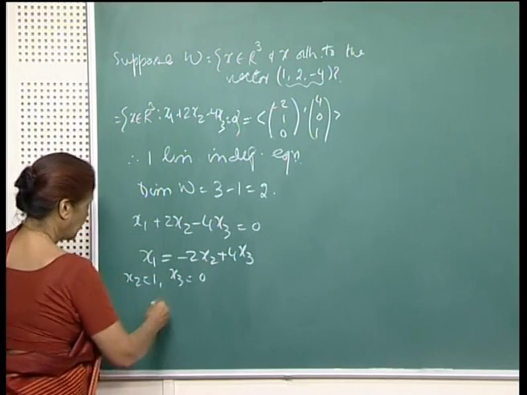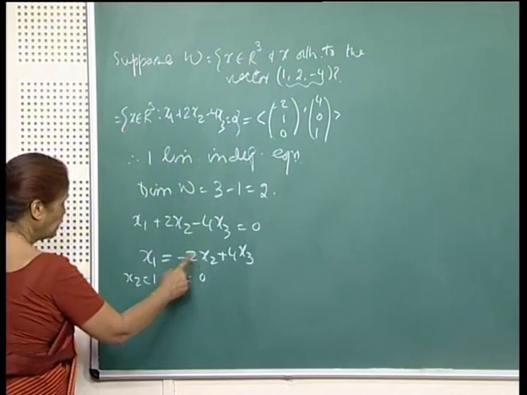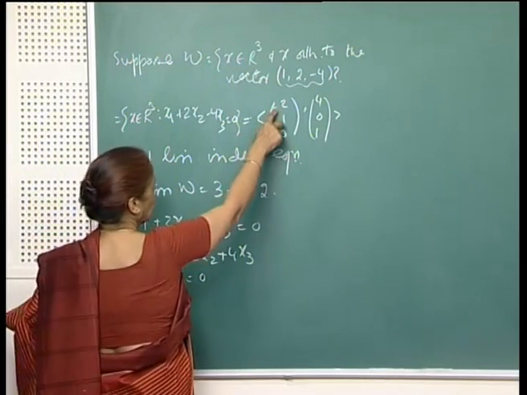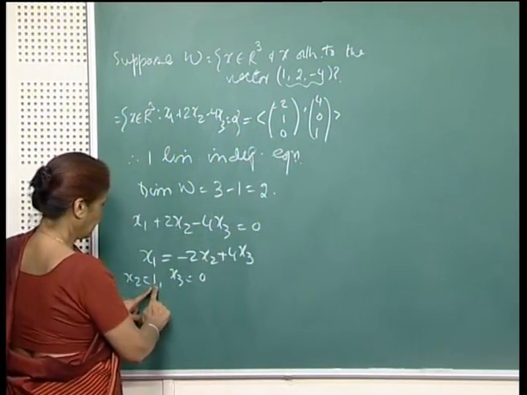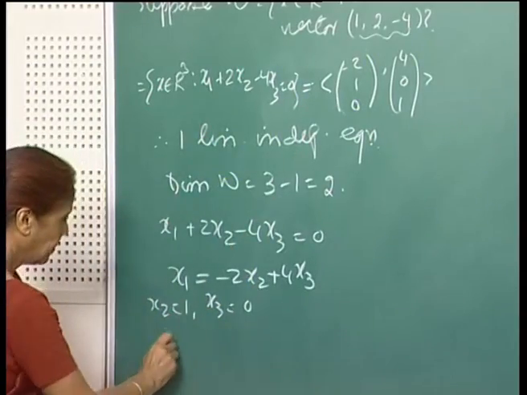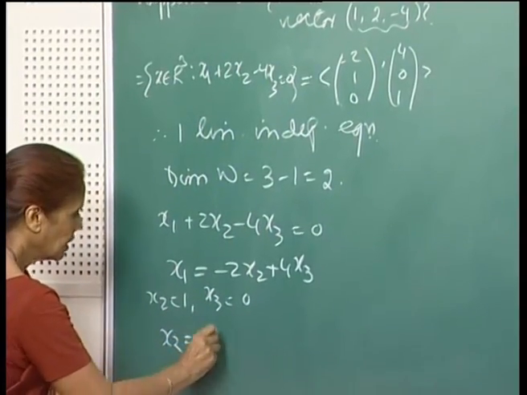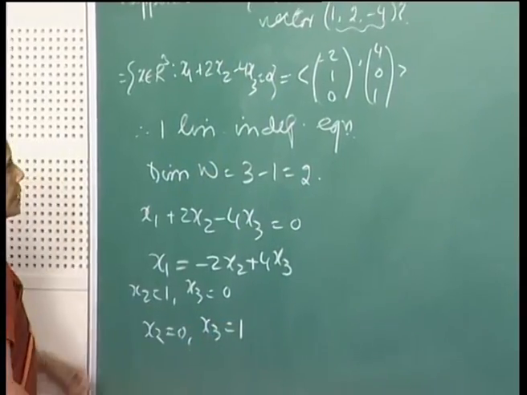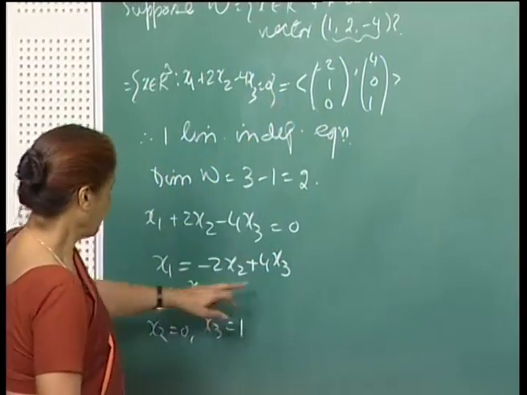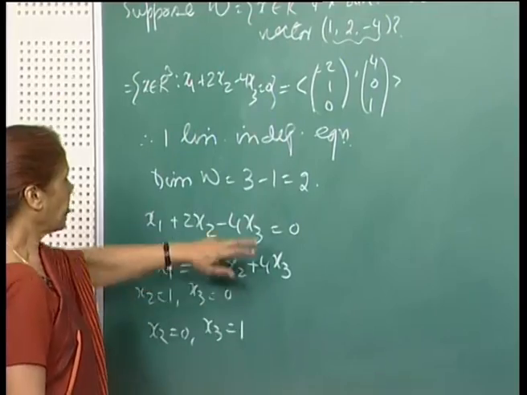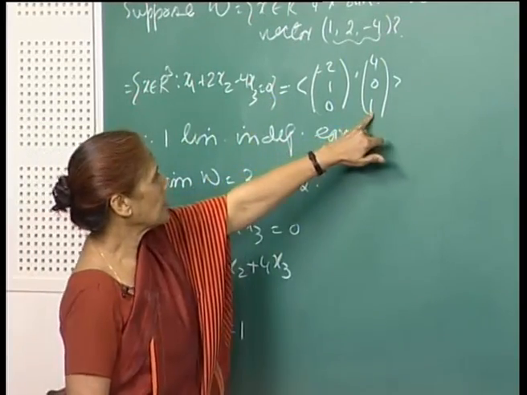That gives me one solution. So, x1 becomes minus 2, and I immediately get the solution minus 2, 1 and 0. Similarly, if I put x2 equal to 0 and x3 equal to 1, then I get the second solution, because x1 will be 4, x2 is 0 and x3 is 1.